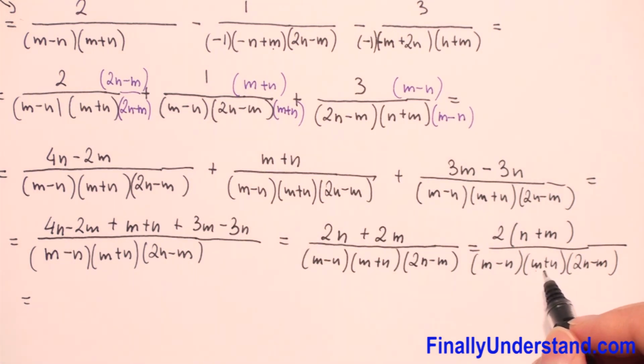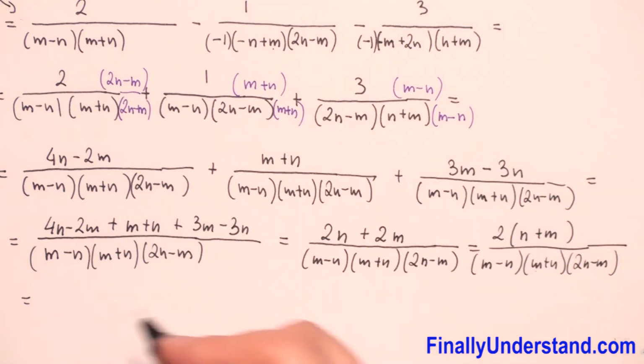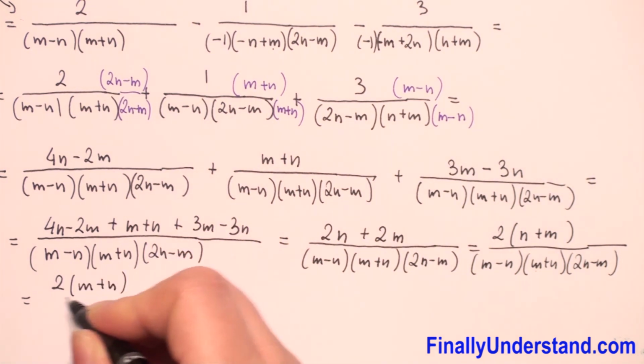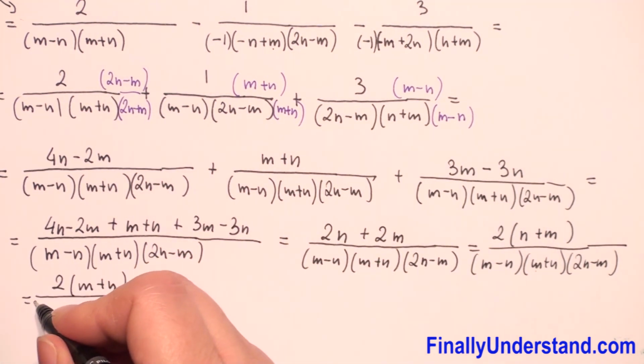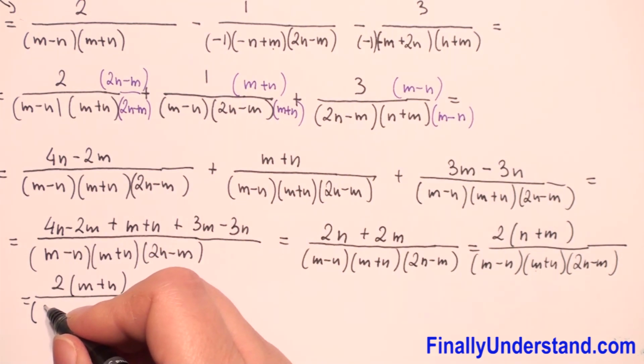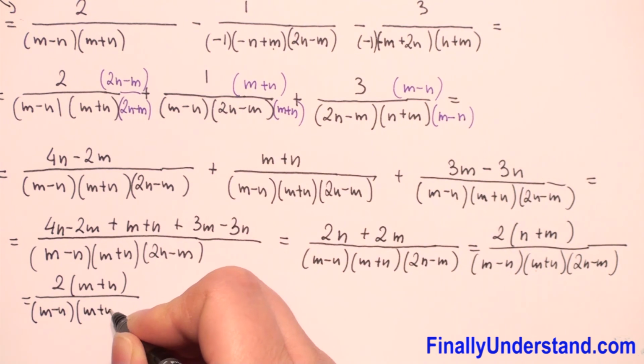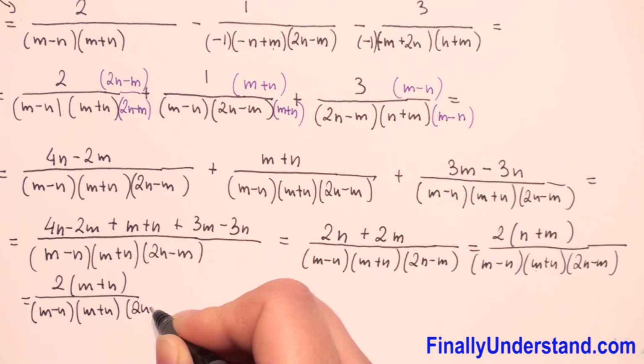In addition we can change the order, so we can rewrite our numerator as 2 times m plus n over m minus n times m plus n times 2n minus m.